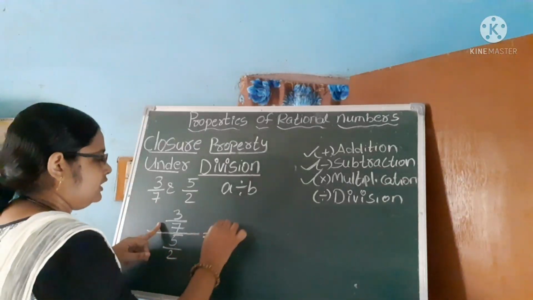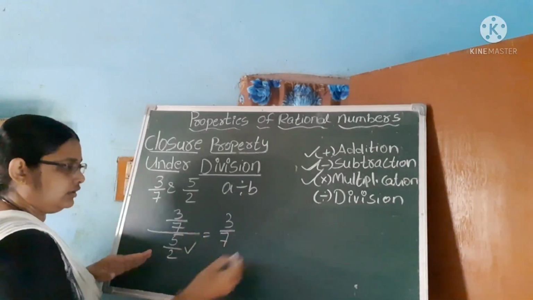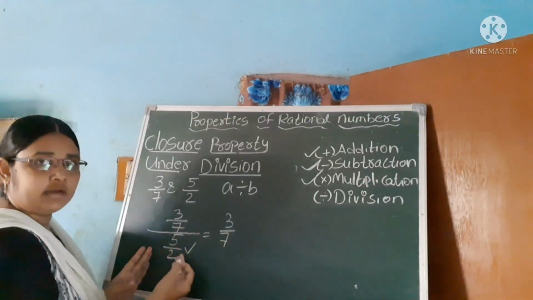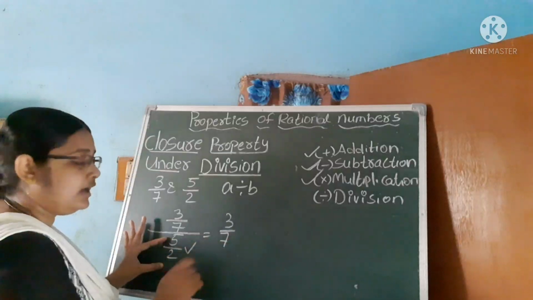Here, 3 by 7, if you take this denominator as numerator, it will be the reciprocal.